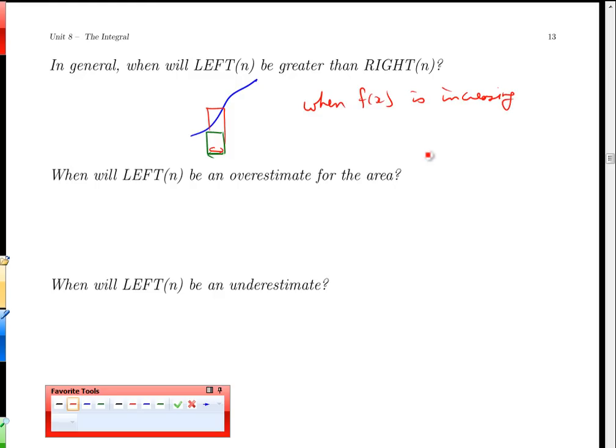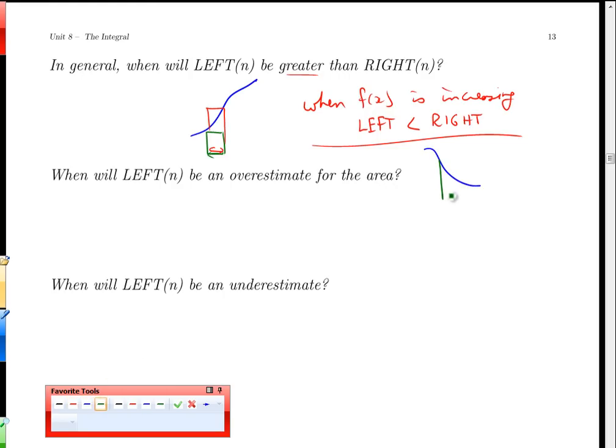or you could get into derivatives as well. We won't bring that in for now to complicate things. But simply if the function is increasing, when will the left be greater than the right? Opposite case. Left will be less than the right in that case that we just saw there. My apologies. And so the opposite would be true if the function was decreasing.